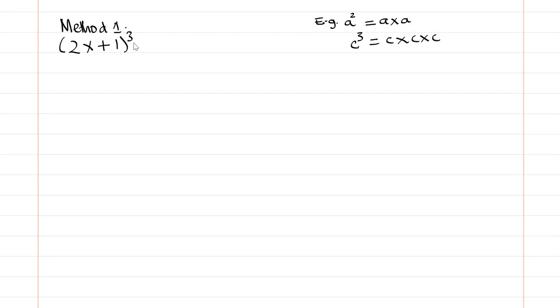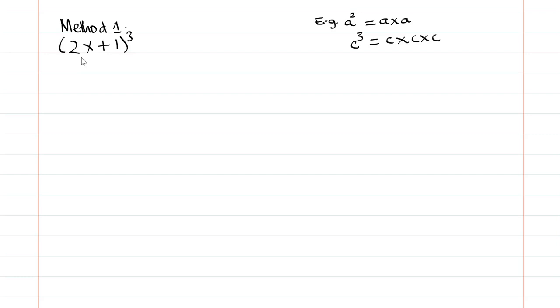So this power here tells us the number of times we need to multiply this number, which we can call the base, by itself. So the power tells us how many times you should multiply the number in the bracket by itself. As you can see here, it is power 3.